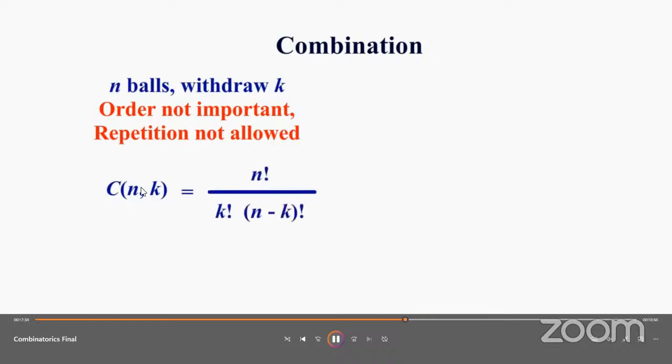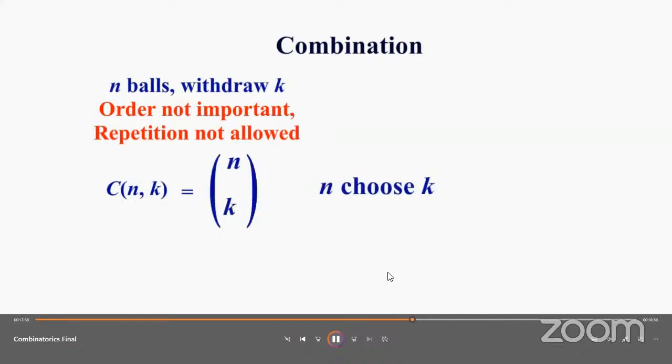In general, that is C(n,k), which is n factorial divided by k factorial times n minus k factorial. That is exactly the same as if you interchange the bottom one, you get C(n, n minus k). So that's symmetric. The C(n,k) is the same as that, and there is a special notation for it, and we read it as n choose k.